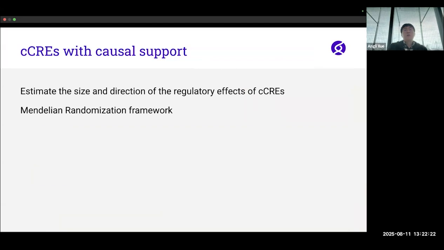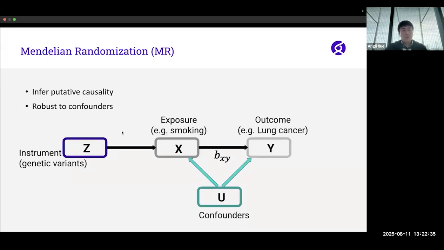So we were looking for tools that can provide causal support, and we utilized a framework called Mendelian randomization, MR for short. This MR framework is used in the epidemiology field. Usually it's used to study whether an exposure like smoking or other behavior has a causal effect on an outcome like lung cancer.